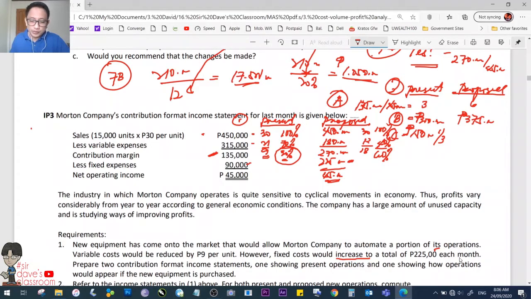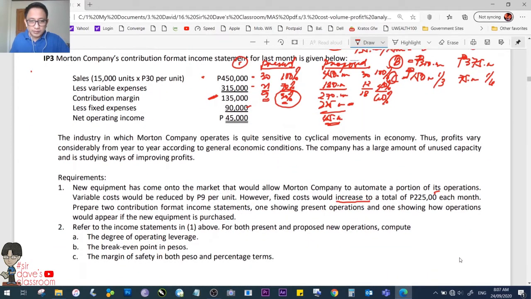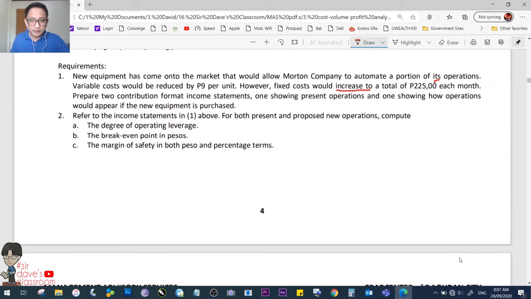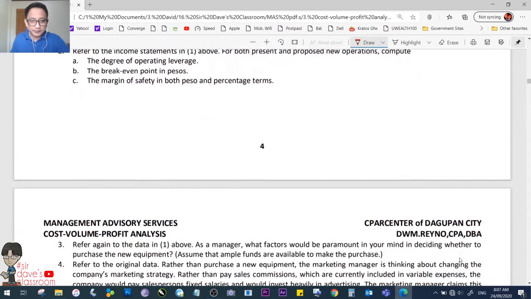Under the proposed condition, 450,000 less the 375,000 must be 75,000. In ratio, it is 1/6 to be exact. Kung gusto mong i-convert sa percentage, madali lang naman. That is our number 2 requirement. Number 3, maluwag pala dito sa baba.